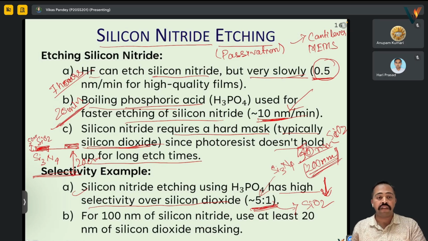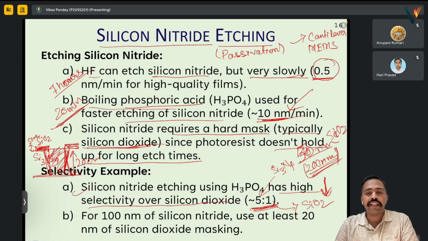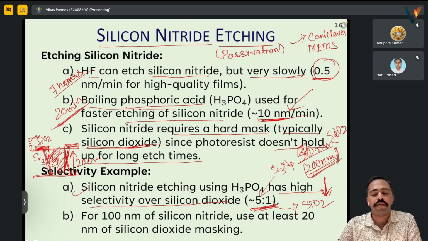So after the whole process is completed, that is, this Si3N4 is etched out and this area is removed, how much SiO2 will be left? Yes, anyone? Anupam or Hari? Yes.